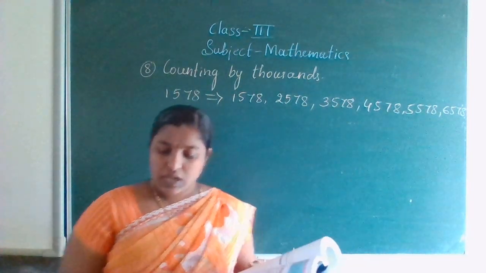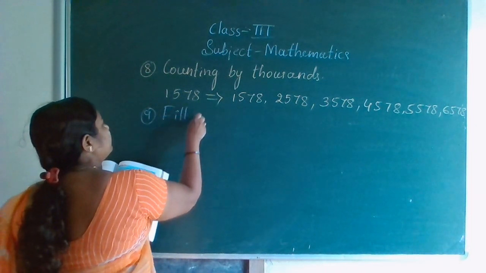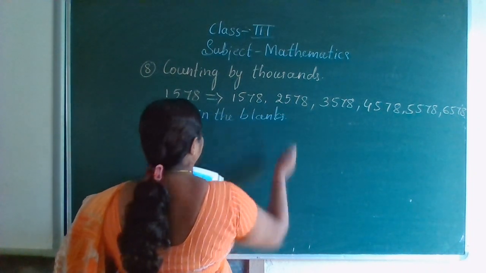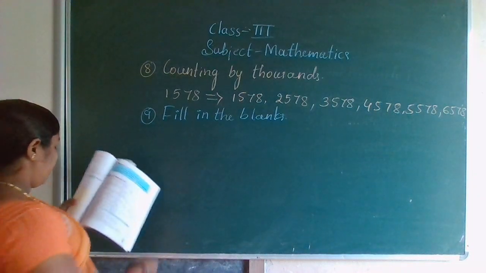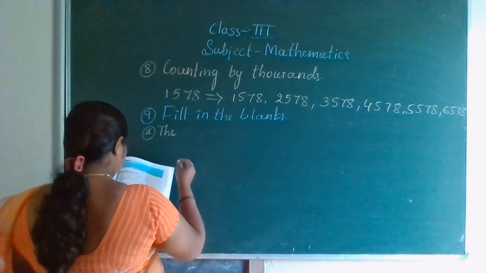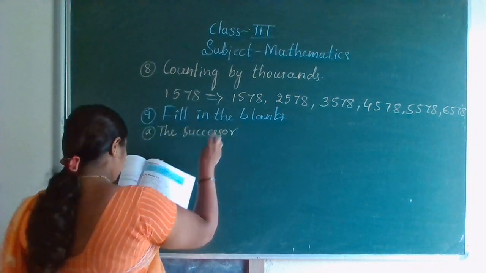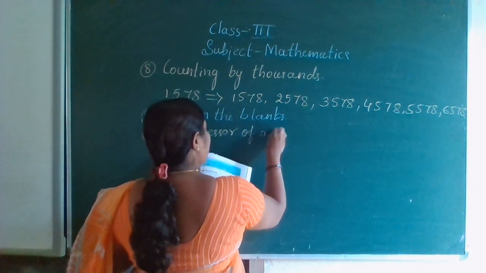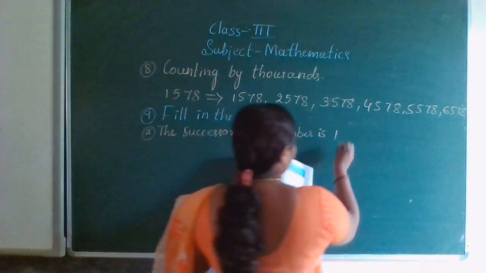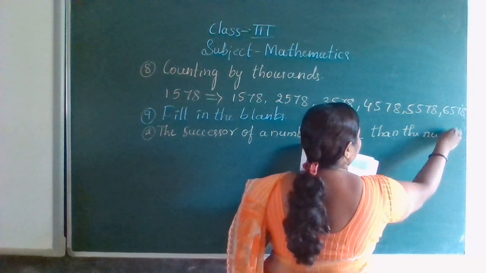Fill in the blanks. Ninth question. Fill in the blanks. A. The successor of a number is 1 dash than the number.